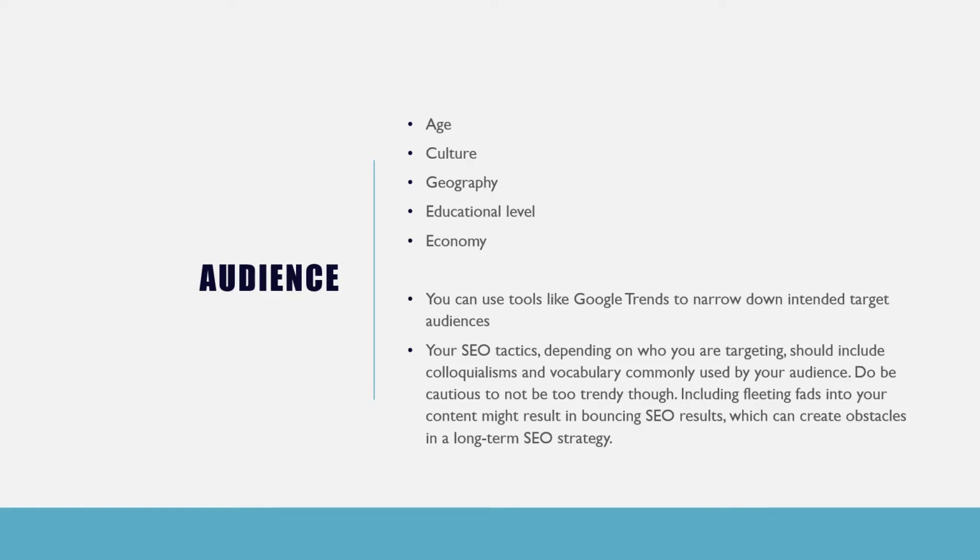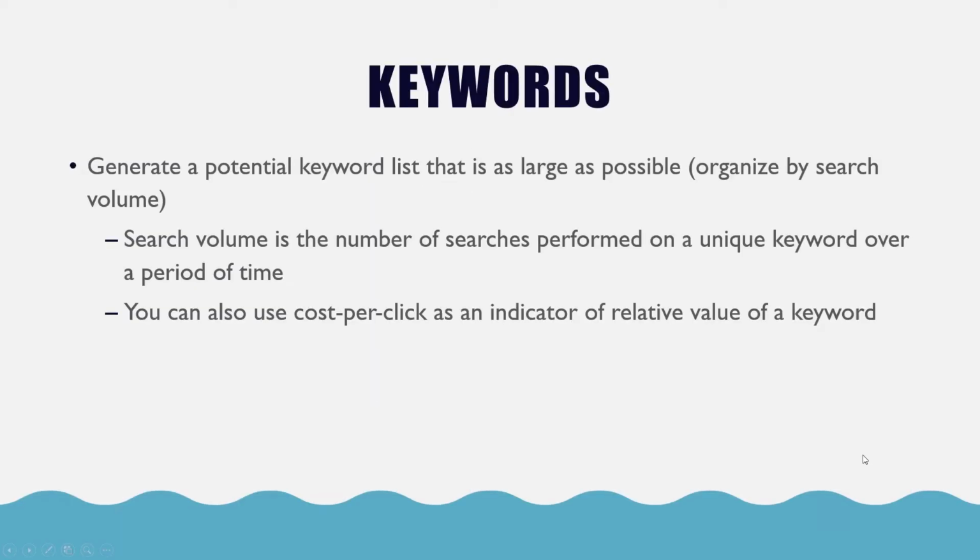Keywords. Generate a potential keyword list that is as large as possible, organized by search volume. So this would be a great way for you to look at Google Trends and try to see which ones of your keywords are actually coming up more. Search volume is the number of searches performed on a unique keyword over a period of time.